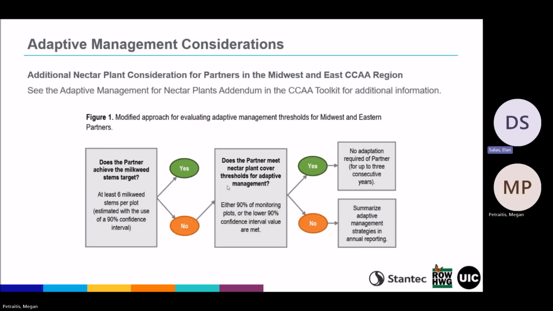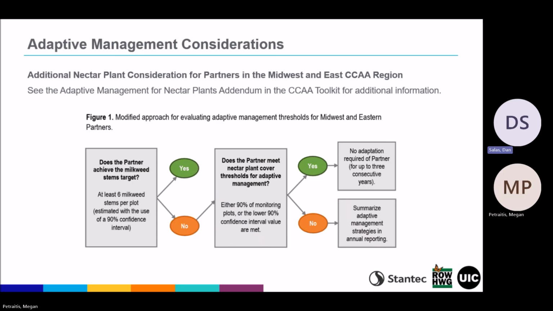I do want to highlight one additional consideration that is new as of 2023. Within the Midwest and East region, the program has worked with the Fish and Wildlife Service to provide some additional recognition, beyond what was originally in the CCAA, for the contribution of nectar plant cover.